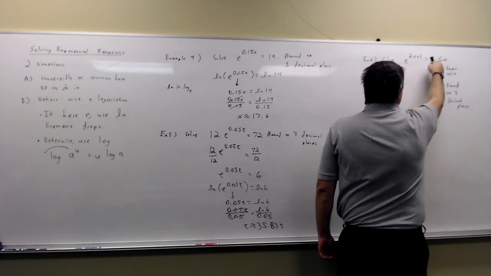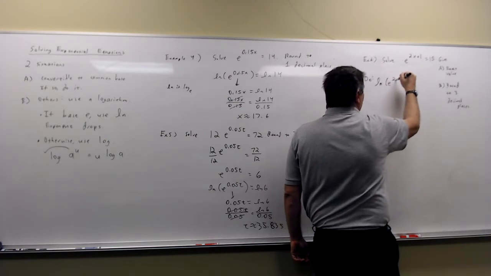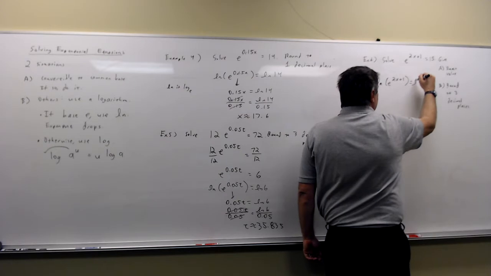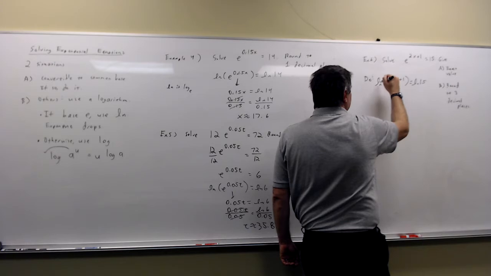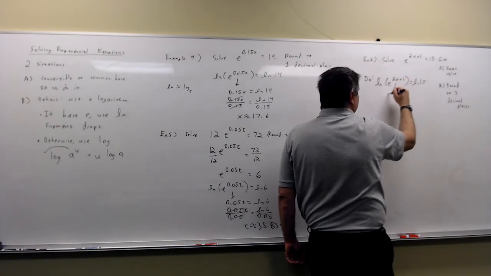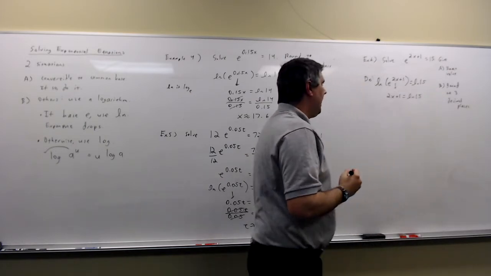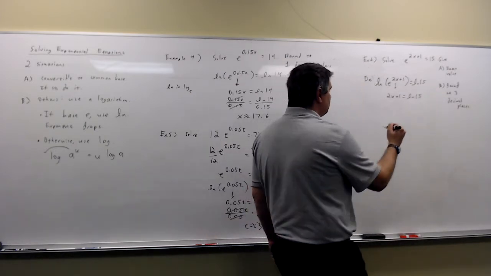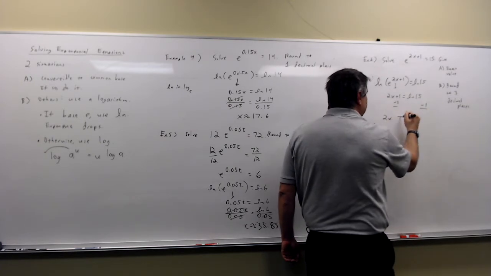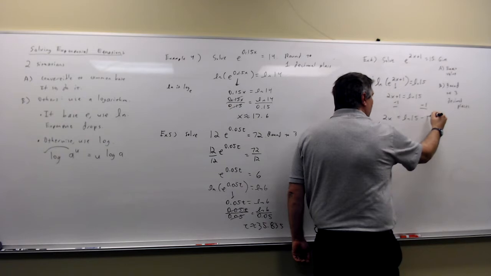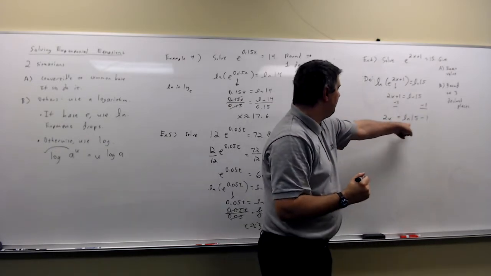It's e to a power equals a number, so I'm going to take the natural log of e to the 2x plus 1 equals the natural log of 15. That takes the exponent out of the exponent. Okay, now I will subtract the 1, and I end up with 2x equals the natural log of 15 minus 1. Divide off the 2.